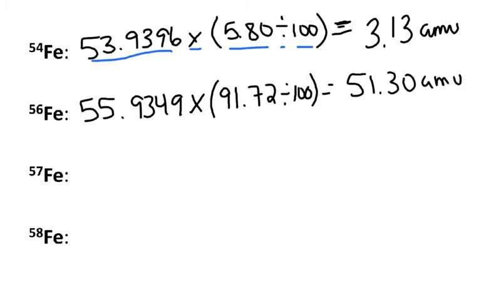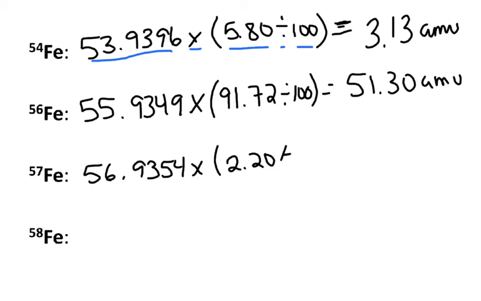Okay, and then we're going to take the 56.9354 times 2.20 divided by 100 equals 1.25 AMU.